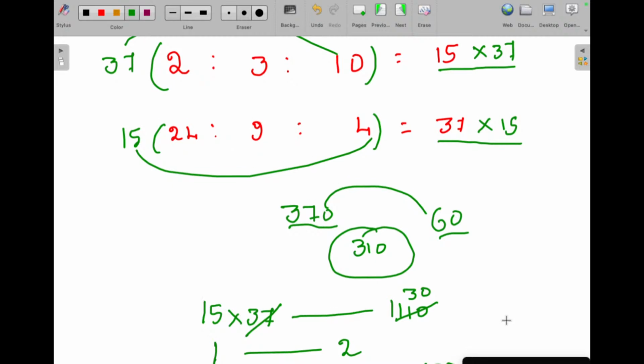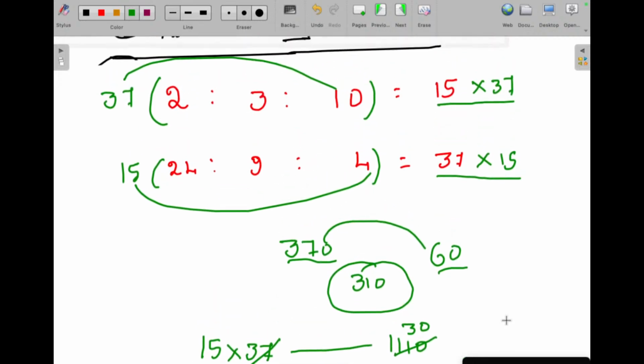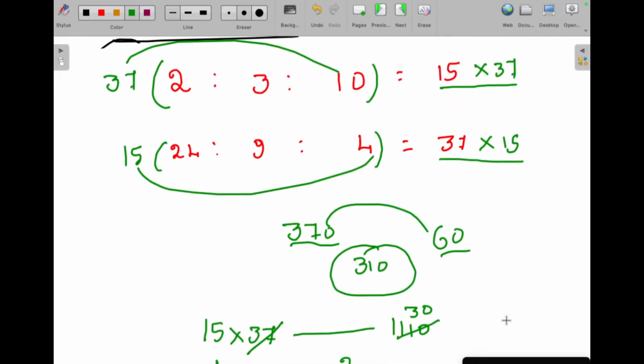This is method 2, you should understand. Clear?